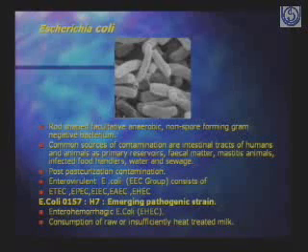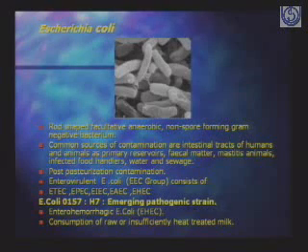E. coli, the most well-known microorganism. It is a rod-shaped facultative anaerobic bacteria which is commonly found in the gastrointestinal tracts of humans, hands of handlers, water, and sewage. It is a good indicator of post-pasteurization contamination.